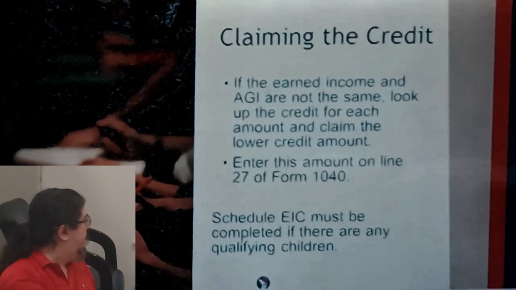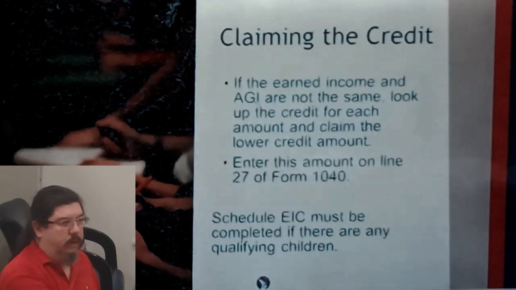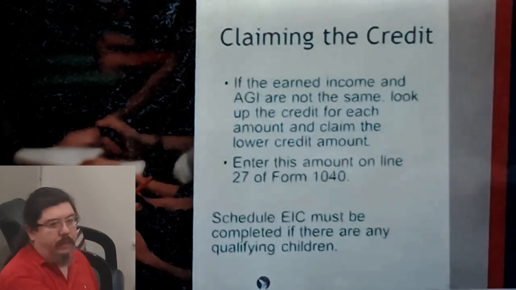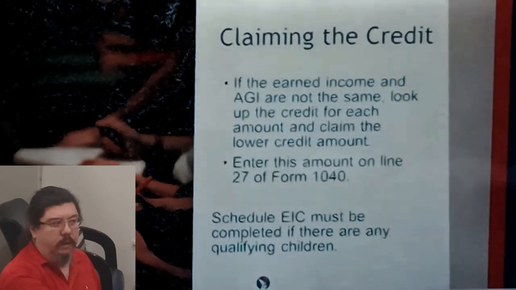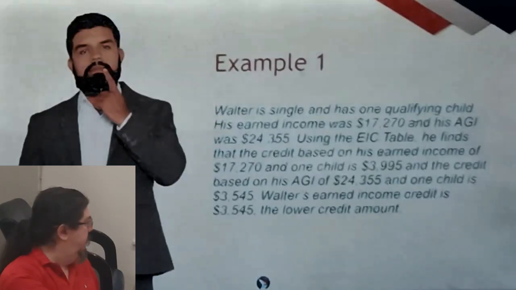So this is technically not right. You only have to look them both up if your adjusted gross income is more than your earned income. And for most of our clients, their adjusted gross income is more than their earned income because of the PFD. You're going to have $1,300 of not earned income.